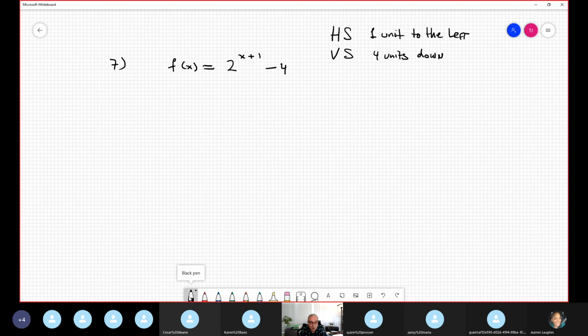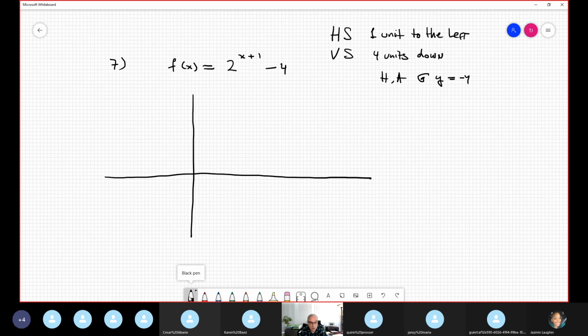Now, see, it's 4 units down. The horizontal asymptote, which normally is at y equals 0, now would be y equals -4. We count here -1, -2, -3, -4. y equals -4 is our horizontal asymptote.